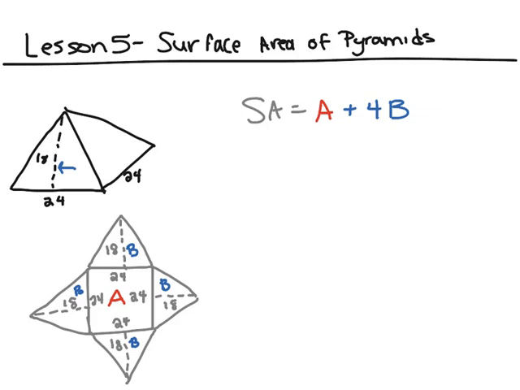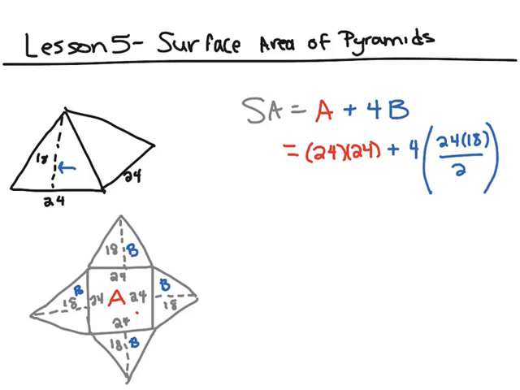So the area of the square will be the length times the width, so 24 times 24. The area of the triangle will be 4 times the base times the height, so 24 times 18 divided by 2. So here's our formula to calculate the surface area of this pyramid.